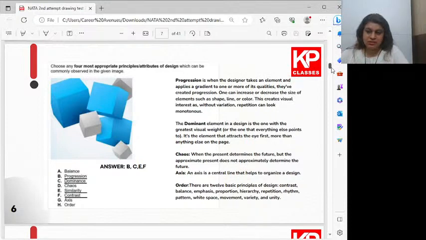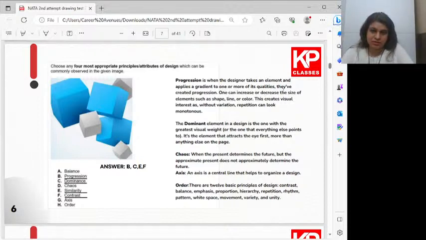So there is a sort of dominance over here in this particular image. Then progression. Progression is when the designer takes an element and applies a gradient to one or more of its qualities. They have created progression.